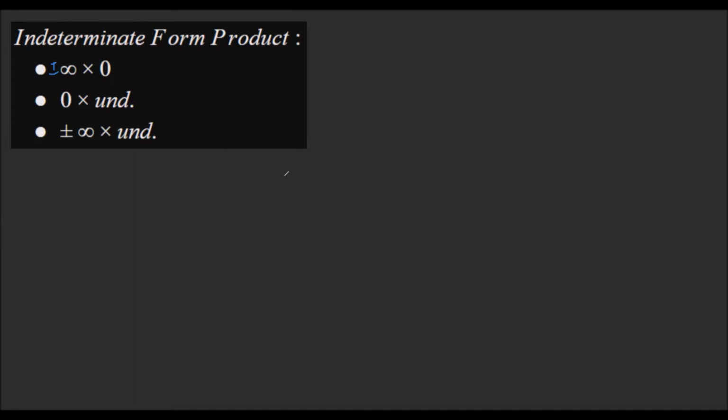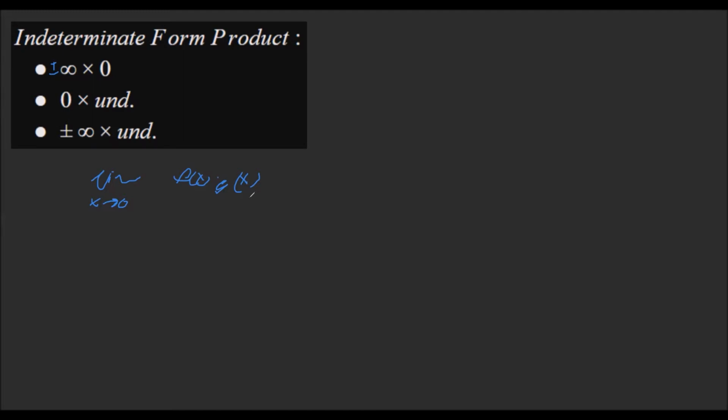Now, I'm going to represent the indeterminate product form with two separate variables. Let's say you're taking the limit as x approaches 0 of f of x times g of x. Let's say that f of 0 is infinity, and g of 0 is 0. That would make this product indeterminate.